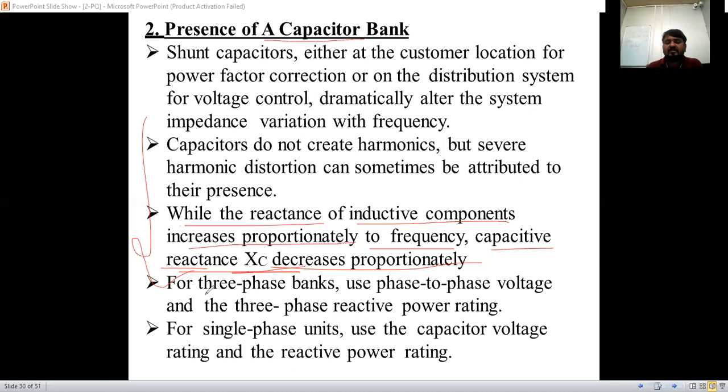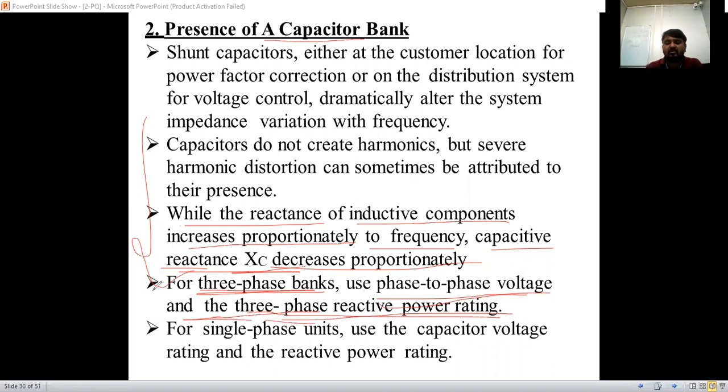For a 3-phase bank, we have to use the phase-to-phase voltage and the 3-phase reactive power rating while calculating the response characteristics of the power system.